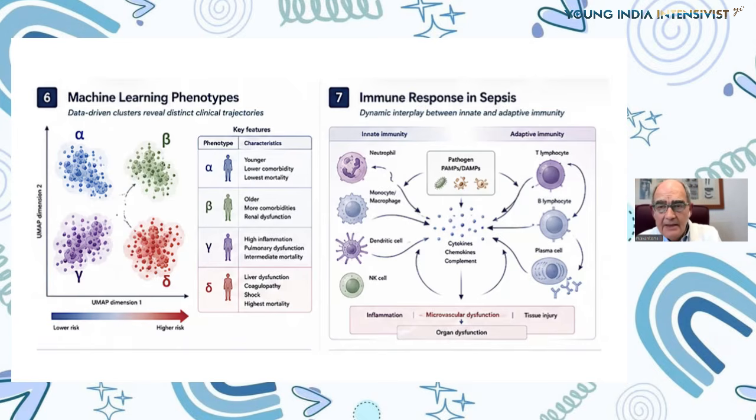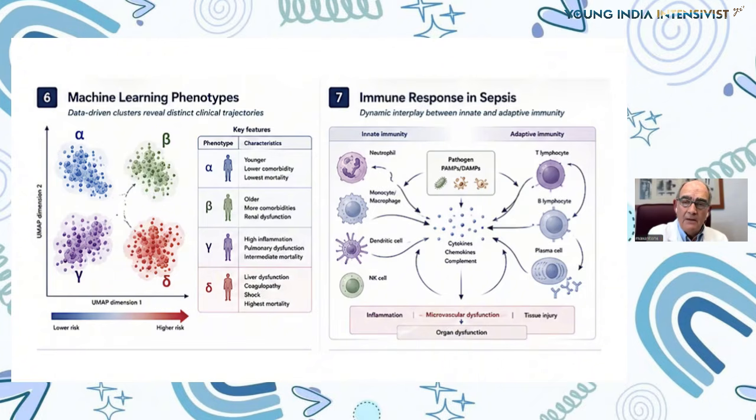Both immunities are activated by the PAMPs and DAMPs coming from the pathogens and the response of the host. Ultimately, these stimulations lead to the same conclusion, the liberation of a large amount of cytokines, chemokines, and complement.